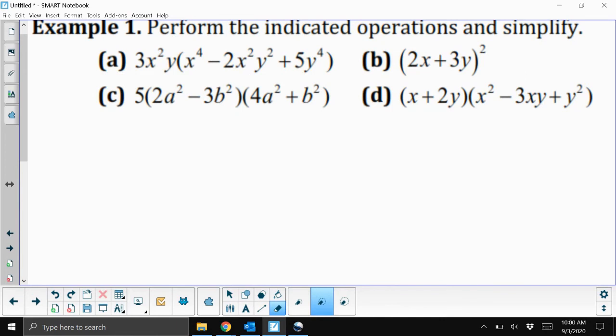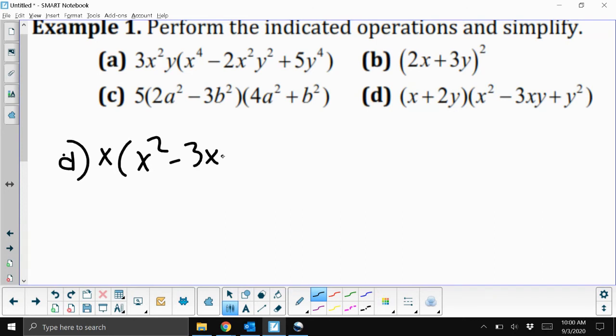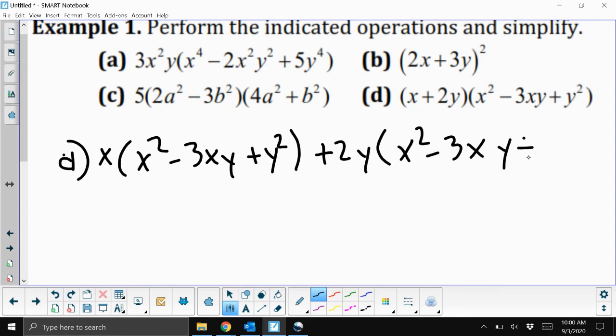All right, so this last guy. Now, you can do the distributive property with it if that's what you choose to do. So what you could do, I'm not going to do that, but I will start it. So if you're going to do the distributive property method with D, you would want to take x times the x squared minus 3xy plus y squared, and then plus 2y times x squared minus 3xy plus y squared.